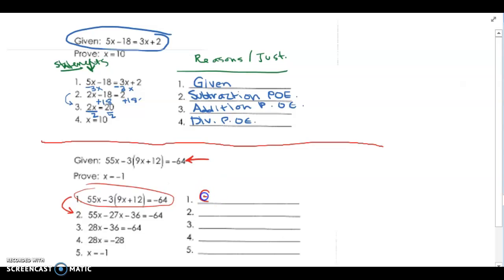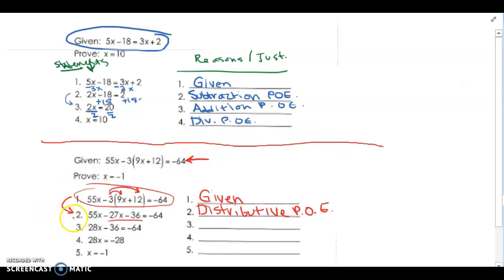We always start the same way. That is what is given to us. That's how we start the problem, is what's given. Okay, now how do we go from 1 to 2? Well, notice we got rid of the parentheses, and instead we got this. Well, all we did is we distributed this 3 throughout the parentheses. So this is the distribution, or distributive property of equality.